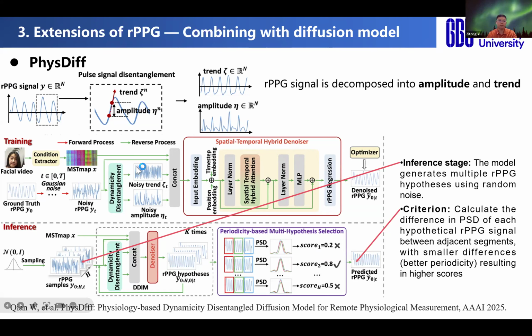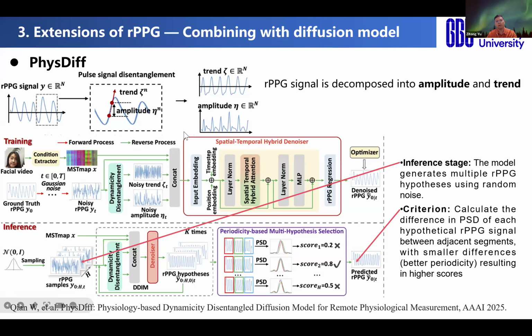Interestingly, different from the original diffusion modeling, which only uses the noisy signal as input, they disentangle this noisy rPPG signal into the trend perspective and the amplitude perspective.